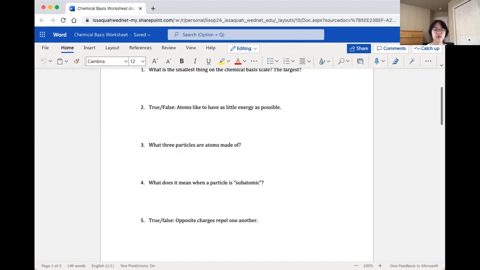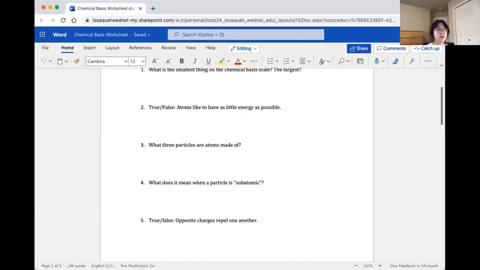Based on that, what do you think subatomic means? Below atomic. It should mean smaller than an atom. Yeah, that is basically the answer. Subatomic essentially means below atomic level in size. So when something is subatomic, it is smaller than an atom.